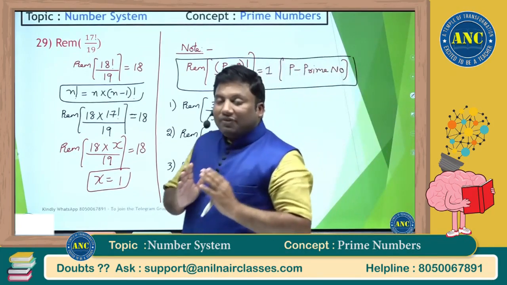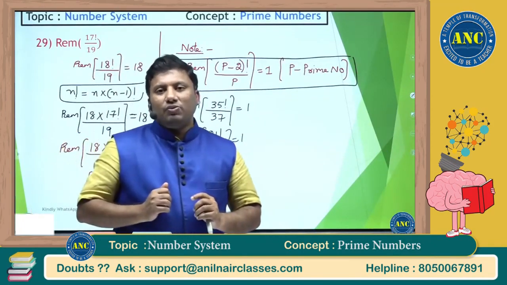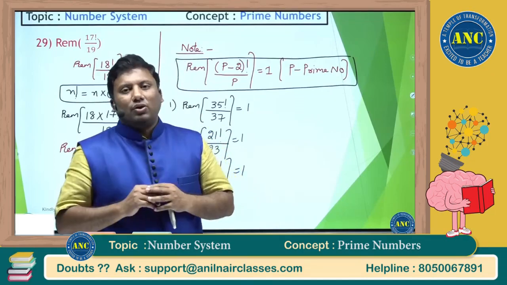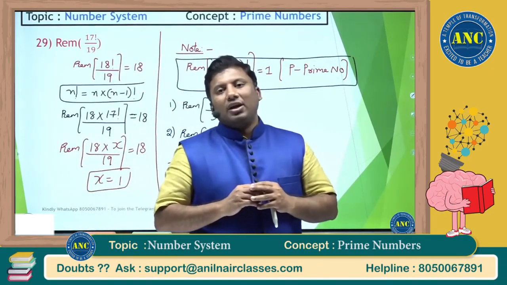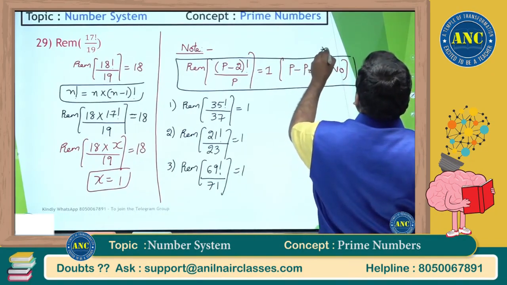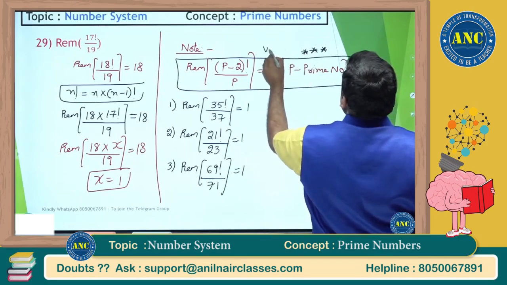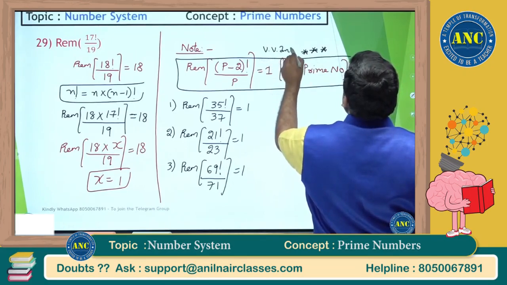P minus 1 factorial when divided by P, the answer is P minus 1. P minus 2 factorial when divided by P, the answer is always 1. Earlier we went one term backwards, now we went 2 terms backwards. Very, very important logic.